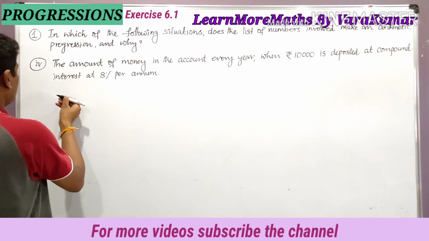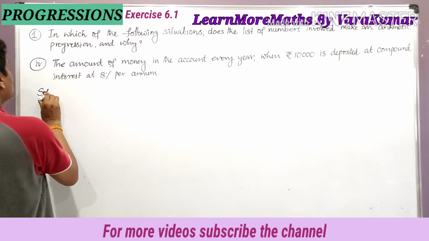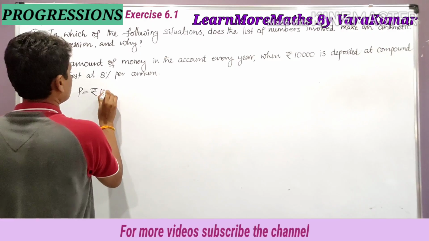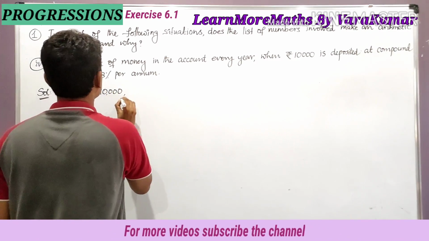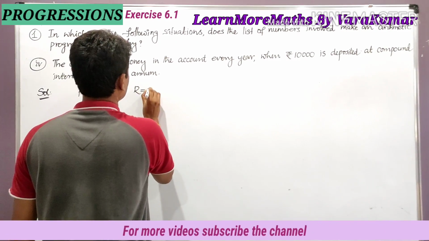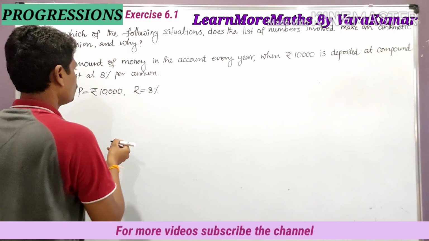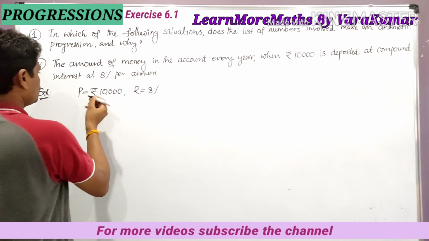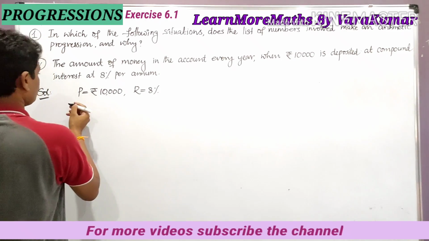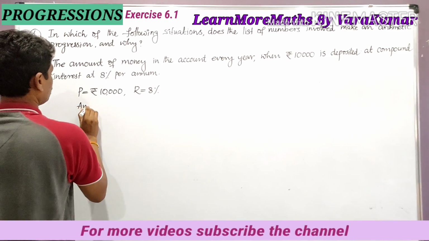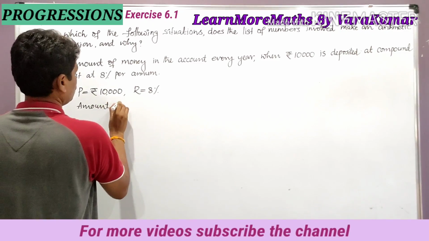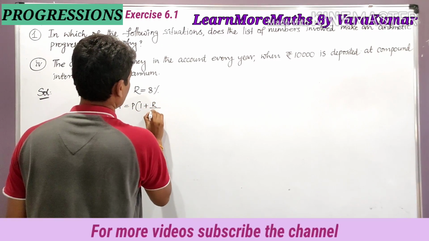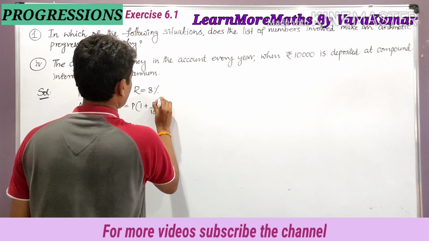Here the principal amount is rupees 10,000. P is equal to 10,000. R is equal to 8%. So we have compound interest. Amount A is equal to P into 1 plus R by 100 whole to the power n.